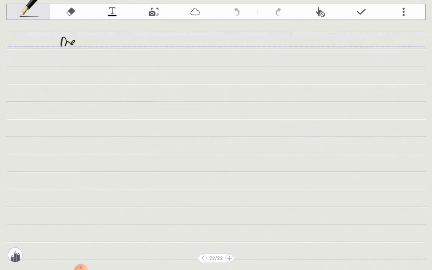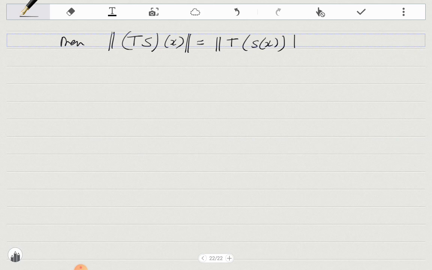Then the norm of TS of x is equal to the norm of T of S of x, and we have seen that this is less than or equal to norm T multiplied by norm S of x.